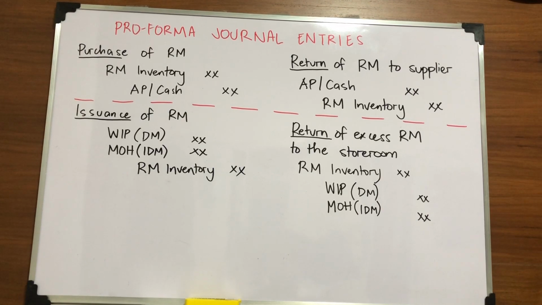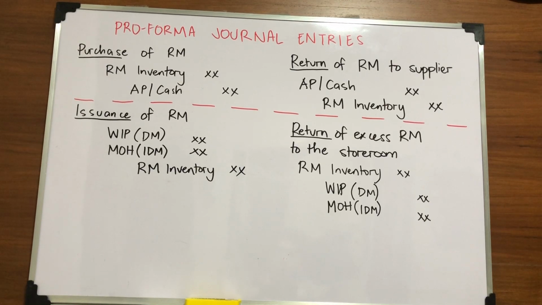Upon receipt of the materials, the inventory clerk updates the inventory ledger and stock card. After all postings have been made, the balance in the raw materials inventory account should equal the sum of the balances in the raw materials ledger cards. So this is your pro forma entry for your purchase of raw materials.